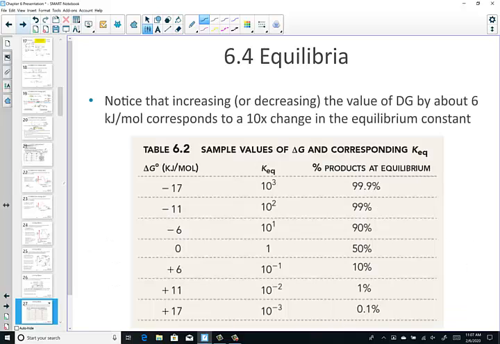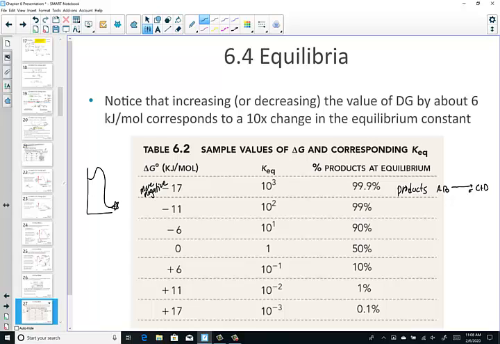Alrighty. Notice here that we're just looking at values of kilojoules for Gibbs free energy. The more negative the Gibbs free energy is, the more we favor the products in terms of lying to the right. So I would think of A plus B in equilibrium with C plus D. If there's a very significant difference in energy, then that's going to really favor the product side.